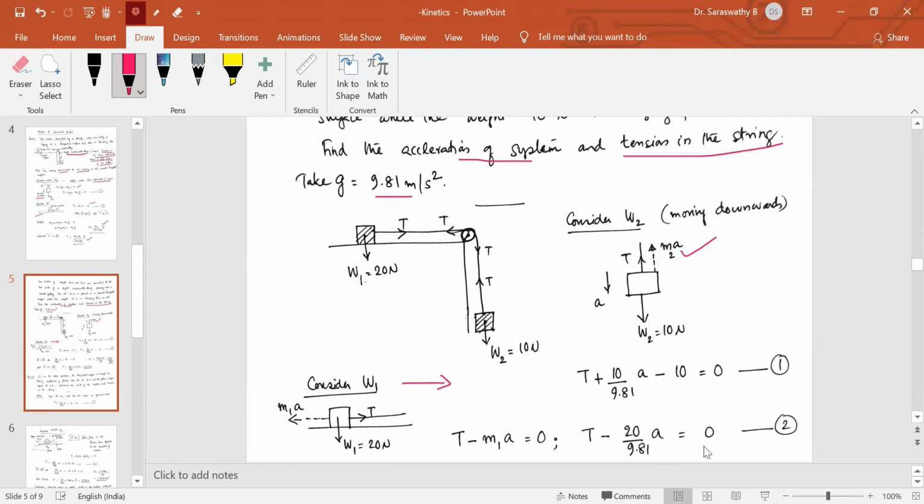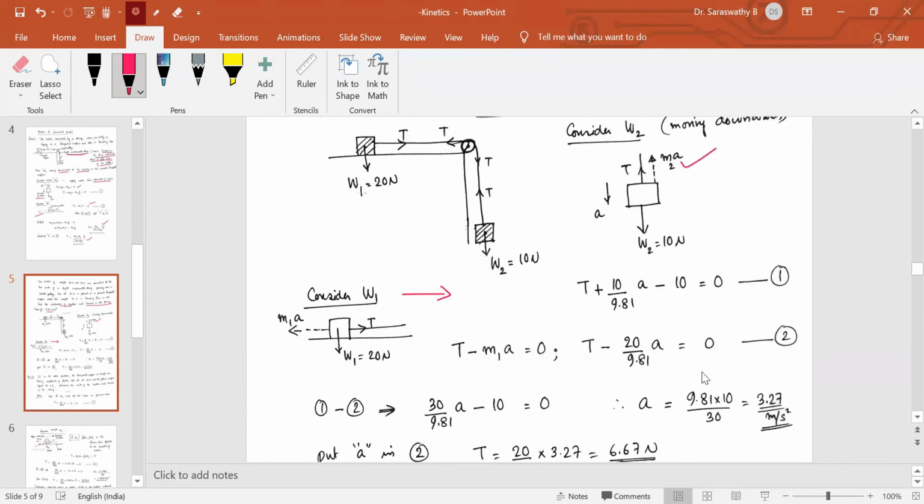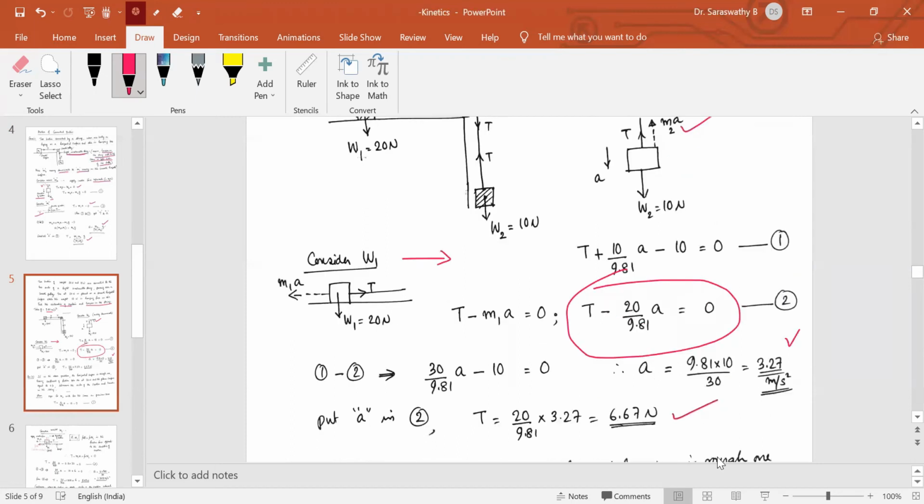You do 1 minus 2, T gets cancelled, 10 plus 20, 30 by 9.81 A minus 10 is equal to 0. From that you get A. Once you get A, you substitute in equation 2. T is equal to 20 by 9.81 into 3.27. You will get the tension in the string.